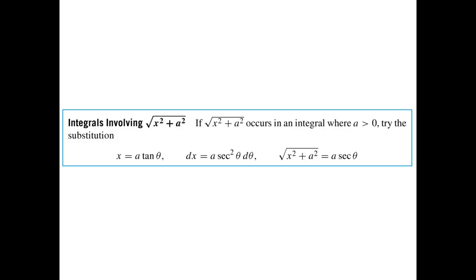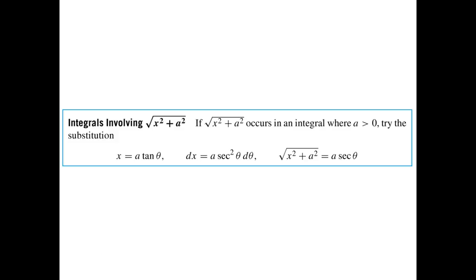Square this, a squared tangent squared theta, plus a squared. So you can factor out an a squared and take it out of the radical, and that gives you a. And then you have a tangent squared theta plus 1. And that's secant squared theta. Take that out of the radical and you get secant theta. So, sure enough, that does give you that.